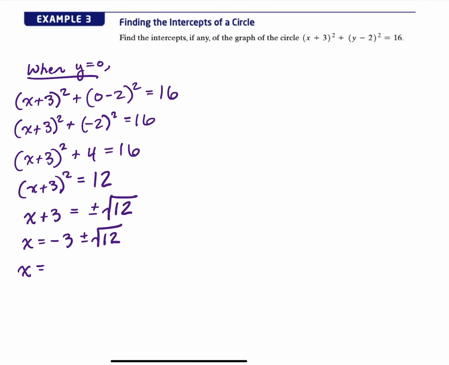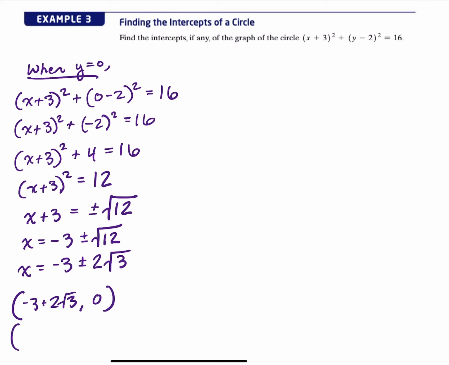So when y equals 0, we get x equals negative 3 plus or minus 2 root 3. What would be those intercepts as points? One x value would be negative 3 plus 2 root 3, and the y value would be 0. We got that x value by plugging in 0 for y.